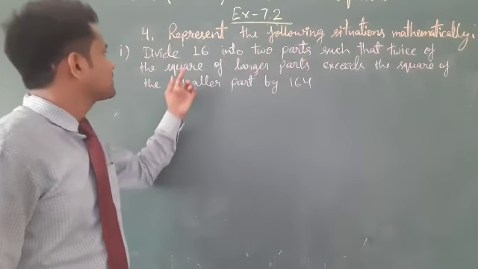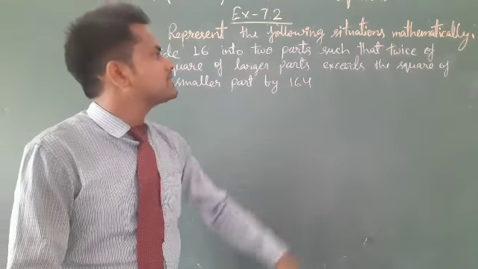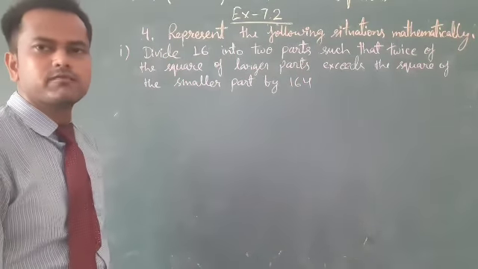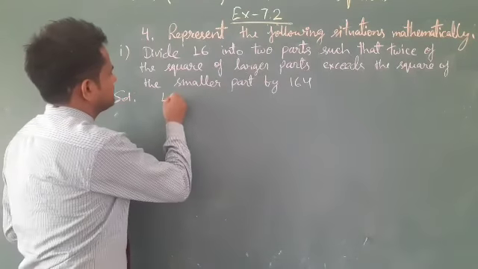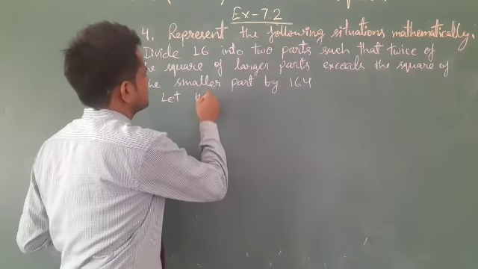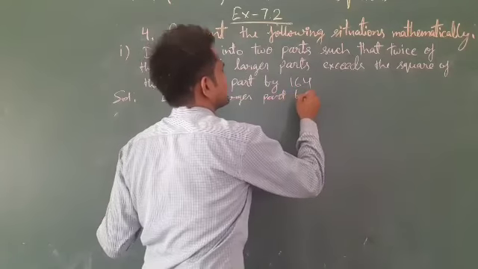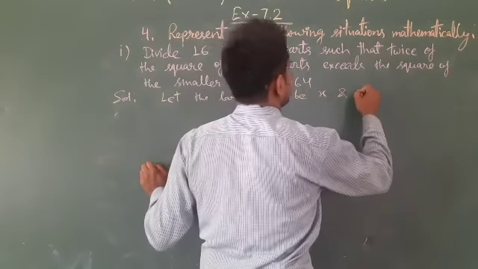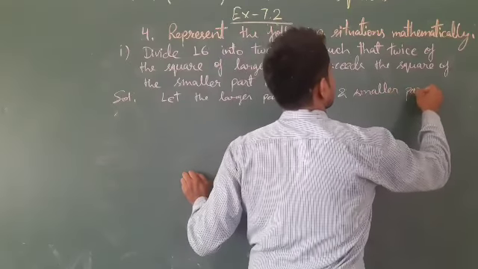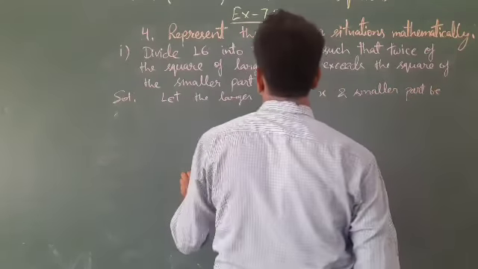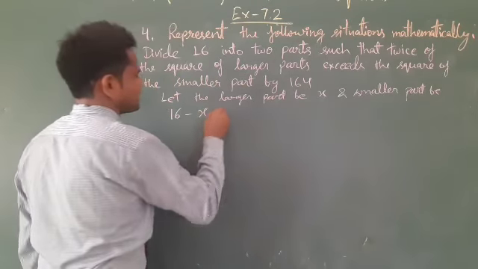Then the square of the larger part exceeds the square of the smaller part by 164. First, let the larger part be x and the smaller part be 16 minus x.